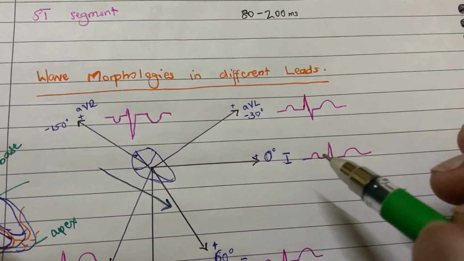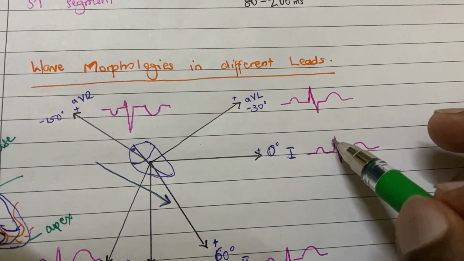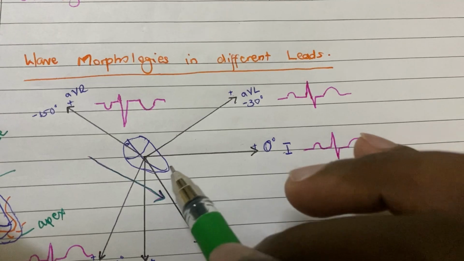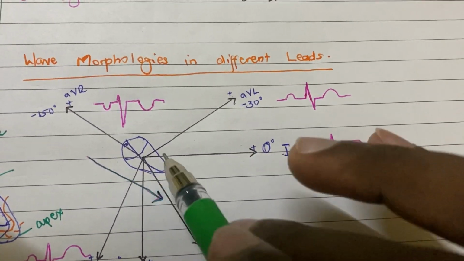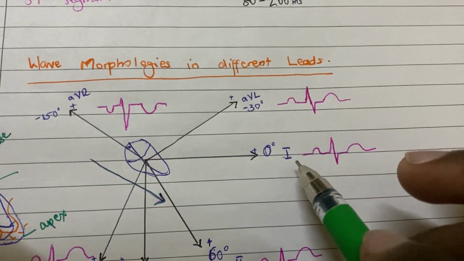For example, if lead 1 shows the highest positive R wave, it means the electrical axis of depolarization of this heart is going towards lead 1.